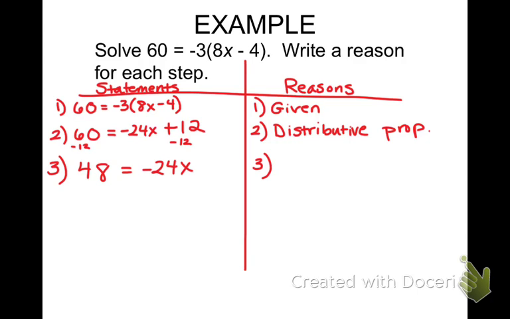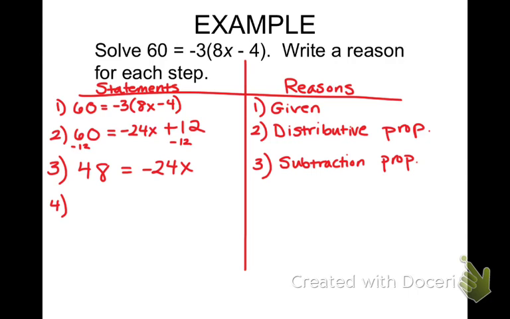What property did we just use there? Subtraction, because we subtracted the 12. So subtraction prop. Please do not put sub prop, because I will not know if you know means substitution or subtraction. Or subway. Yeah. So make sure you write subtraction out. And then what's the last move you would do? Division property.